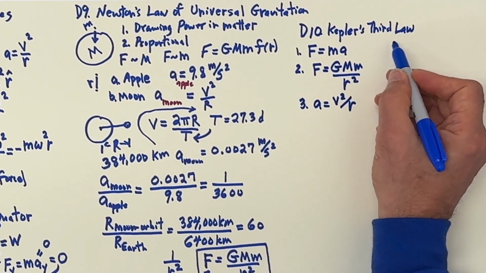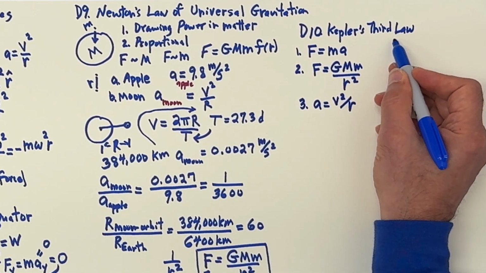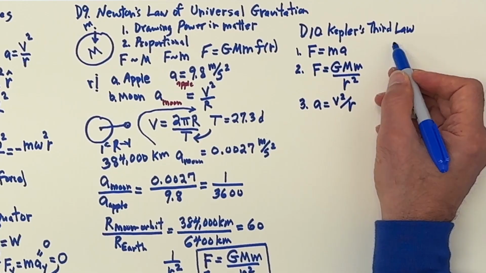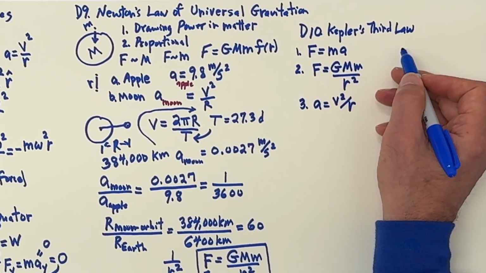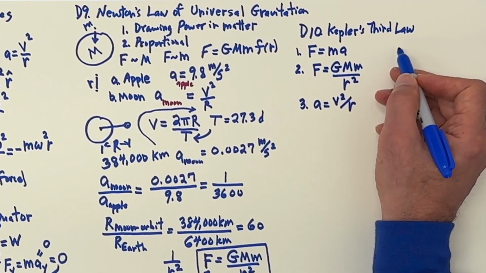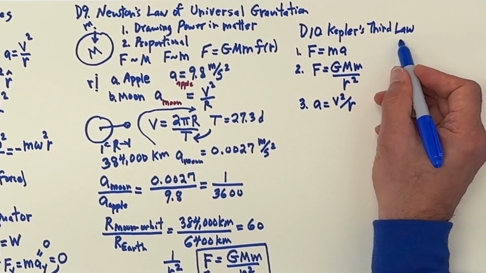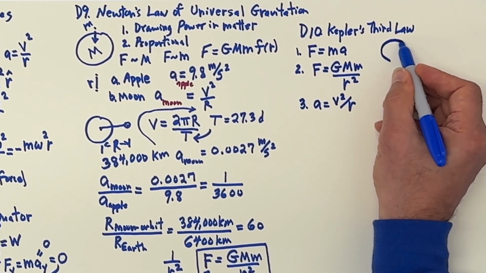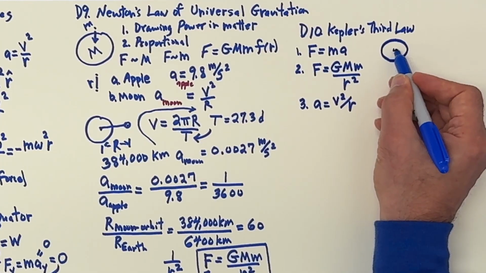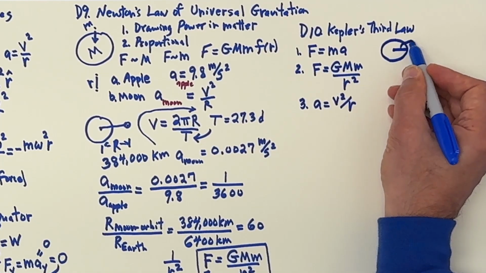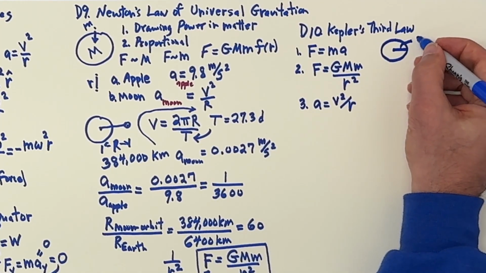Now, what Kepler showed by measurements of the time it took planets to go around the sun and the distance from the sun to the planets. Now, the planets go in close to circular orbits, but not quite. They're actually a little bit elliptical. And when we have the elliptical orbit, we use what we call the semi-major axis.